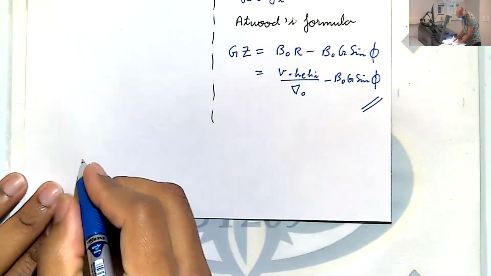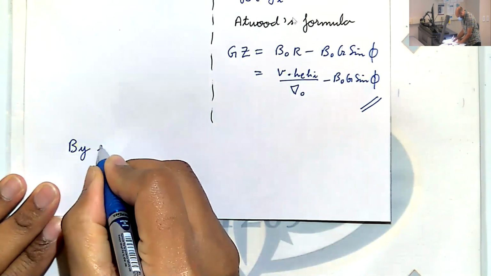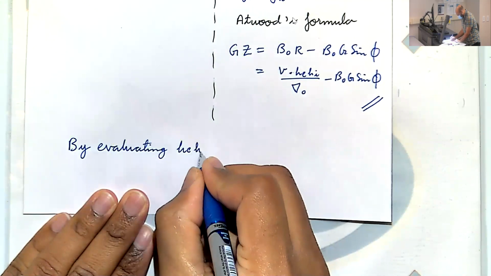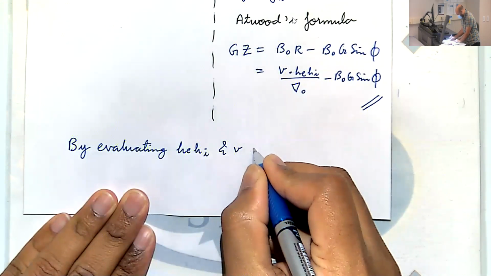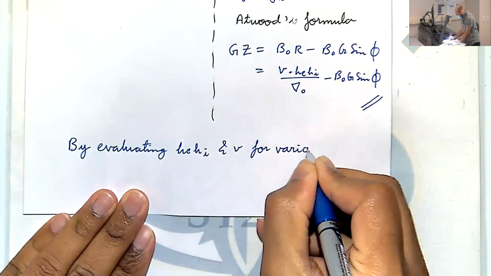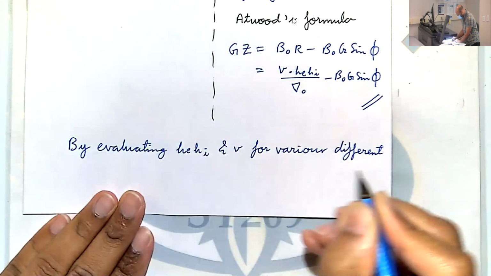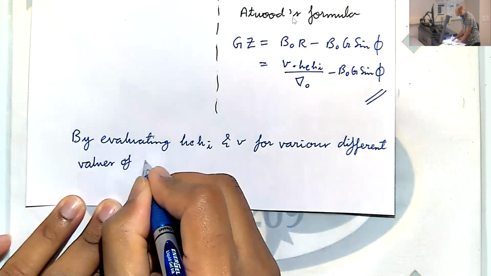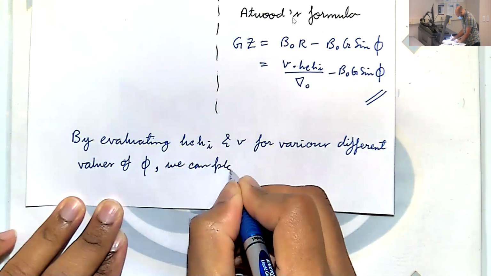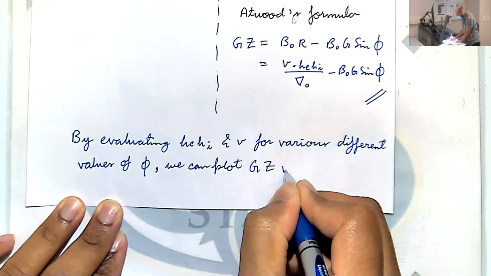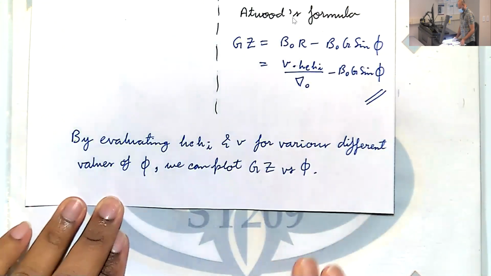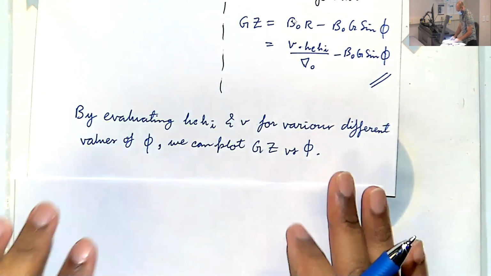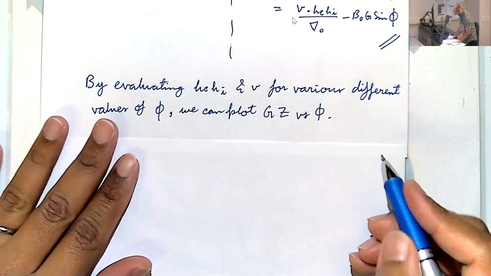So by evaluating HEHI and little v for various angles, that sort of a plot looks like this.